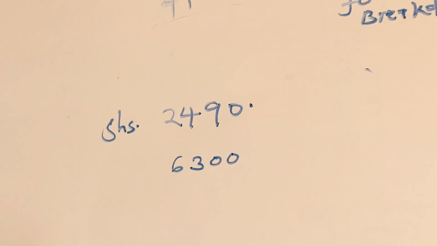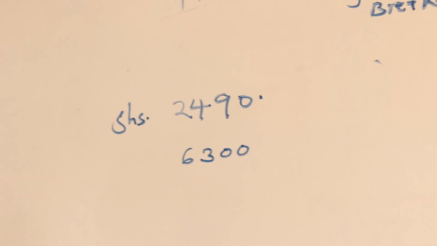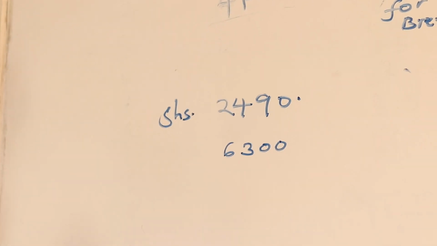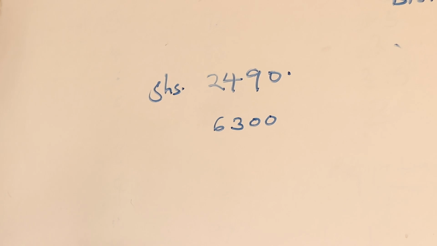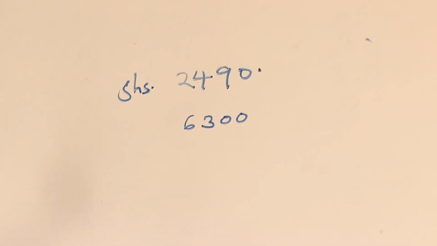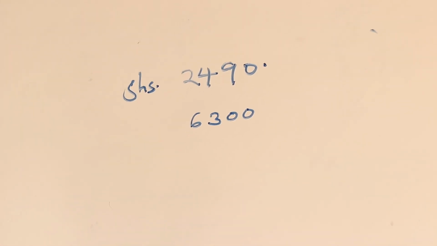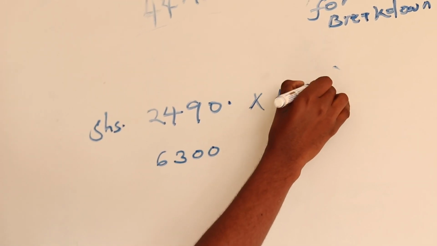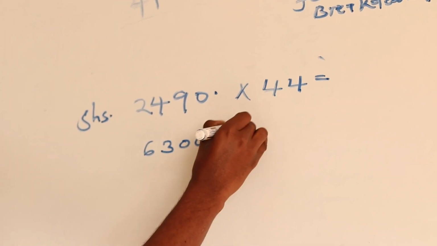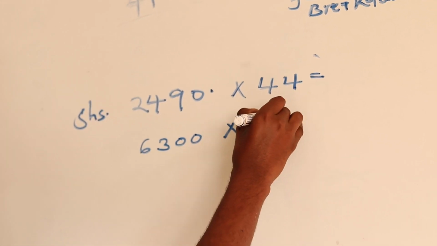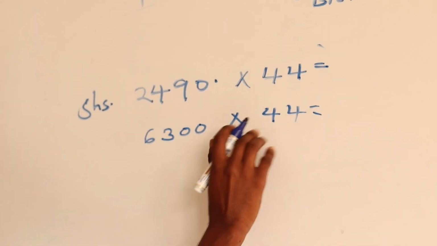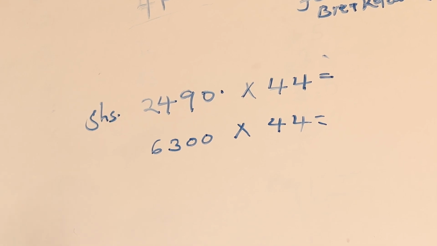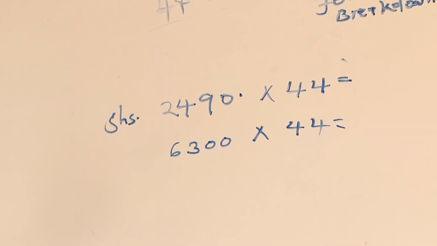So in order for us to find the average cost of the generators when they have broken down, we need first to find the total cost. So we'll take 2490 and multiply it by 44, and then also take 6300 multiplied by 44, because remember this is the total hours that the generators had broken down.